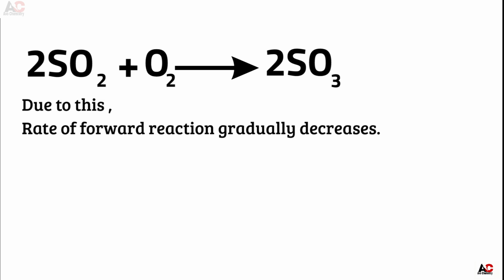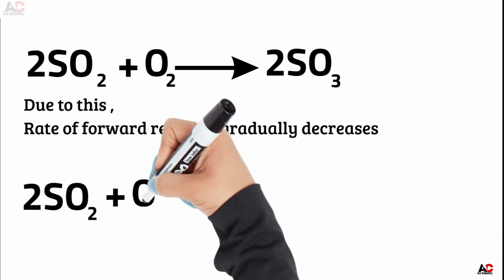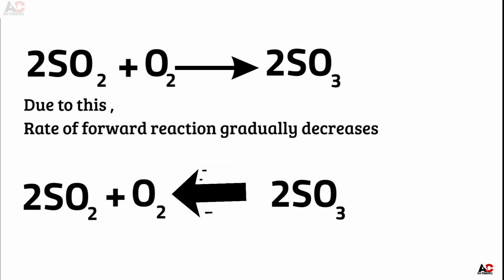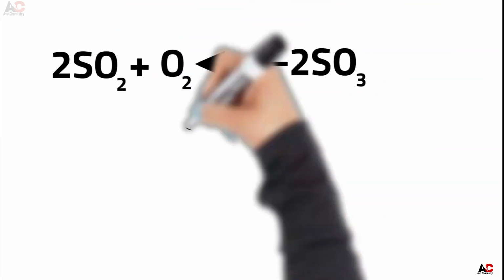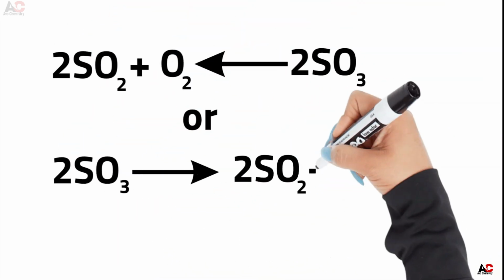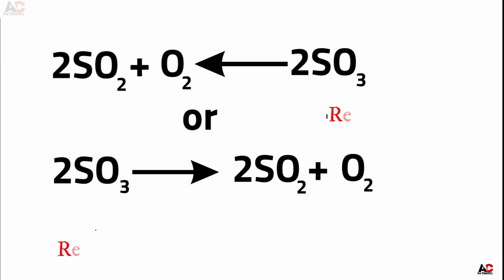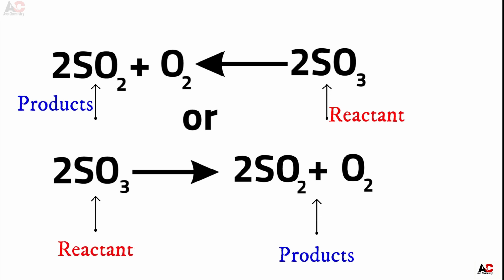After some time, as the concentration of SO3 increases, the product SO3 starts to decompose slowly into SO2 and O2. This is the time when the reverse reaction starts. In this condition, when SO3 decomposes to form SO2 and O2, it behaves as a reactant, and SO2 and O2 are the products for the reverse reaction.